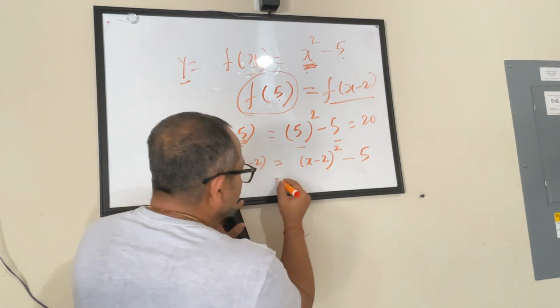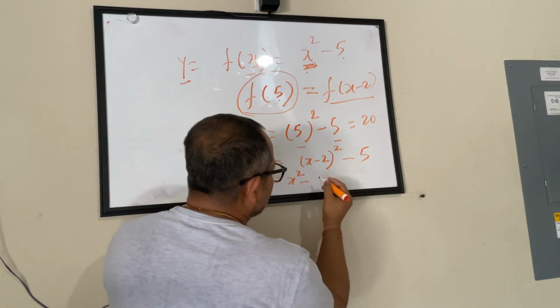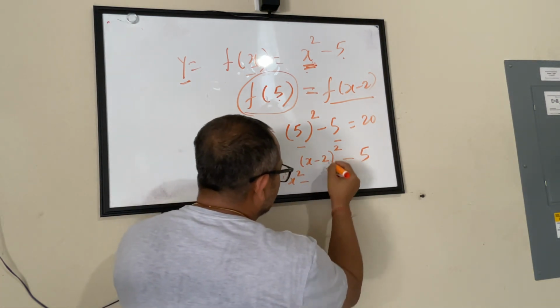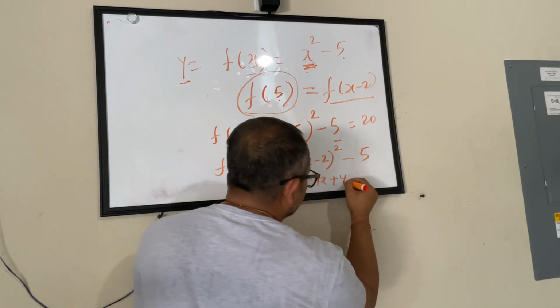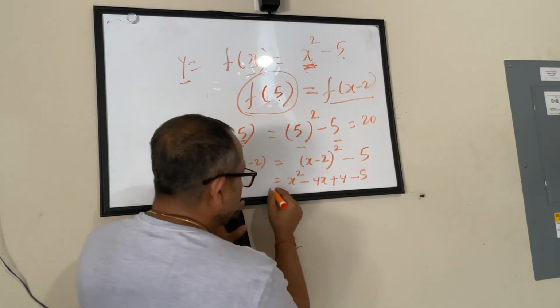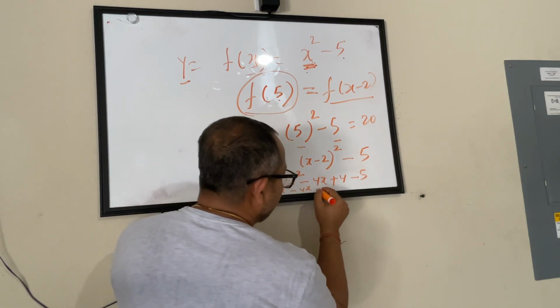Now this becomes a minus b whole square, that is a square minus 2ab plus b square. So minus 2 into 2, minus 4x, plus b square is 4, minus 5. So this becomes x square minus 4x minus 1.